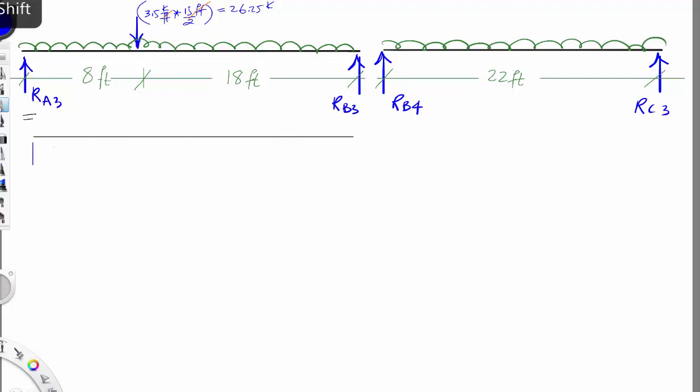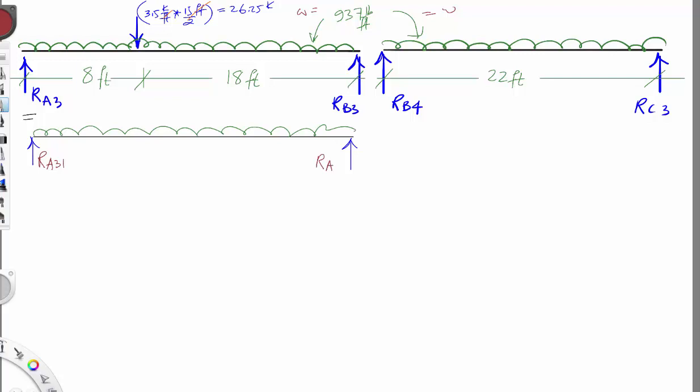We have this reaction, and we have the uniform load, which, if you go back to the sketches, you see is equal to 937 pounds per foot for both of these, and of course this is W. So this is RA31 and this is RB31.